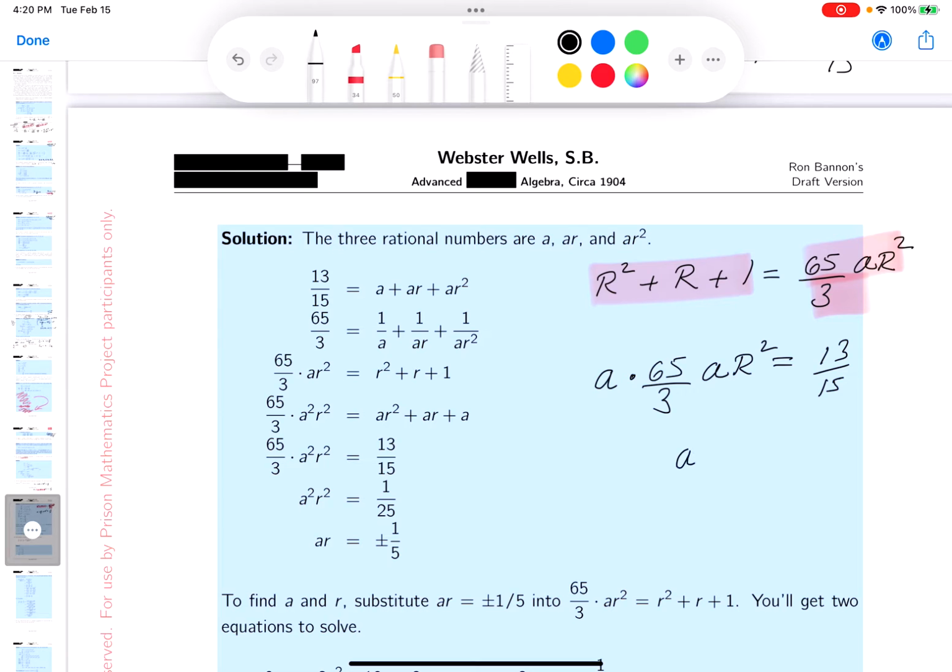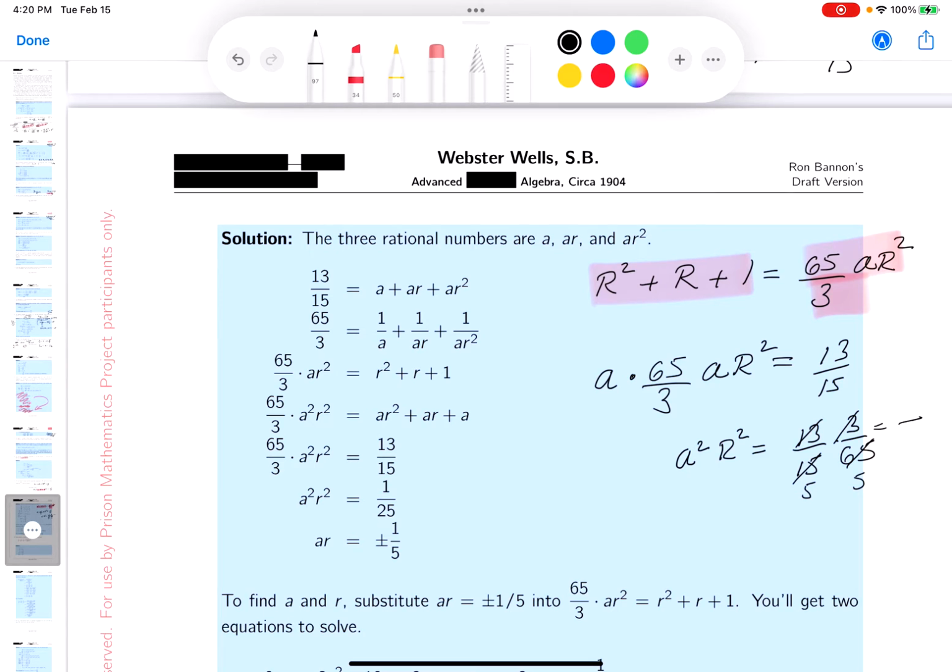You're going to get A squared R squared is equal to 13/15 times 3 over 65. Not simplified yet, but I'm going to simplify it. 3 goes into 3 once, goes into 15 5 times. 13 goes into 13 once, it goes into 65 5 times.